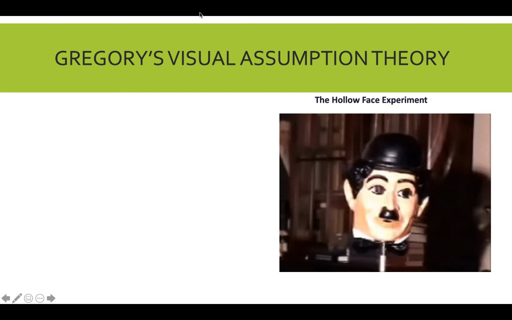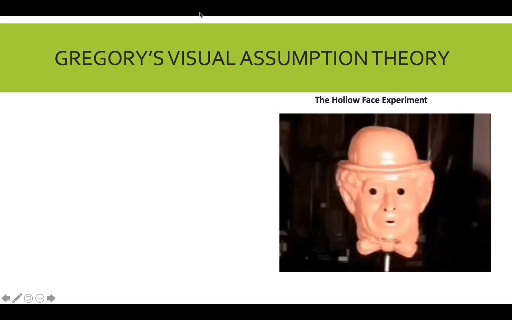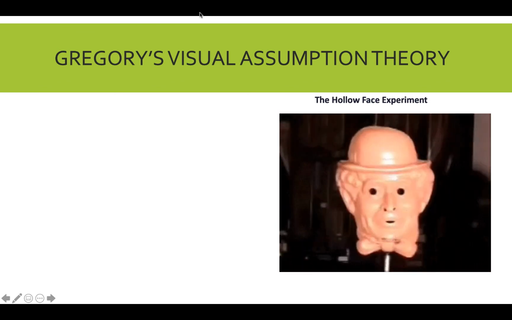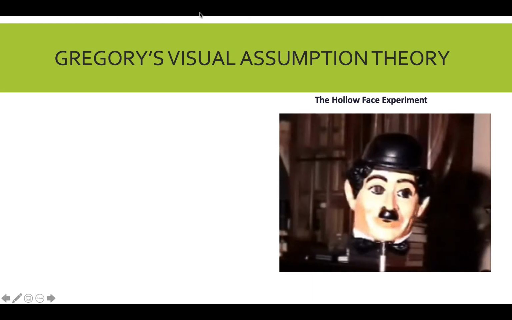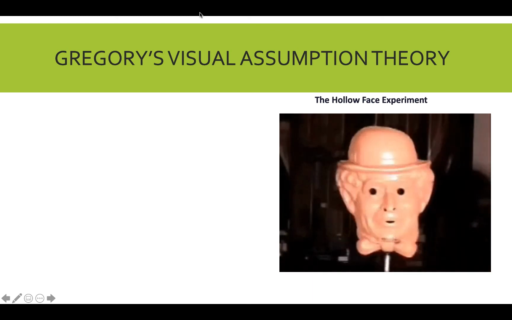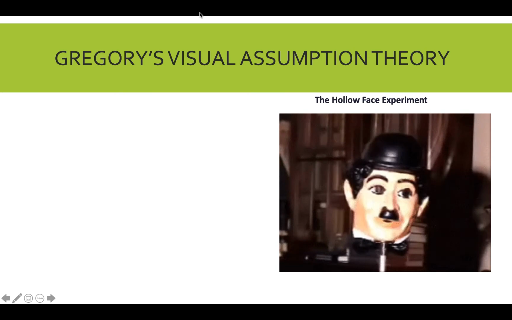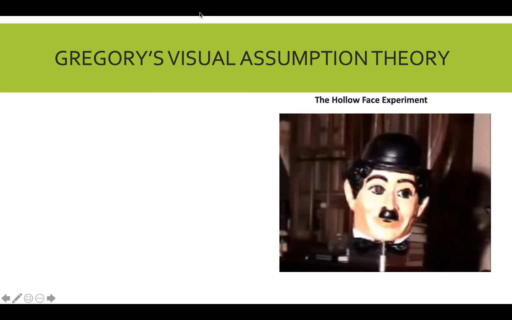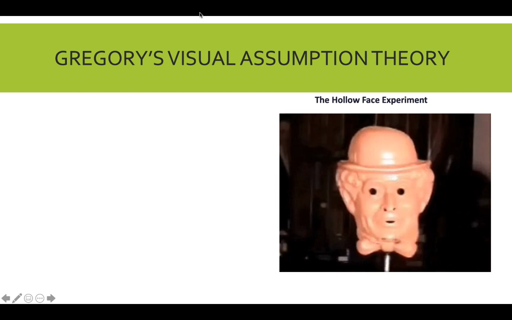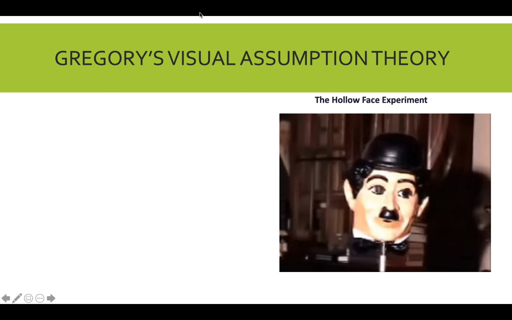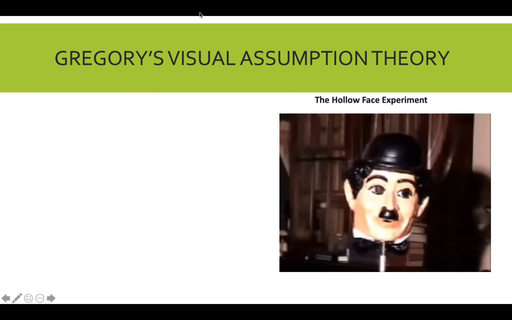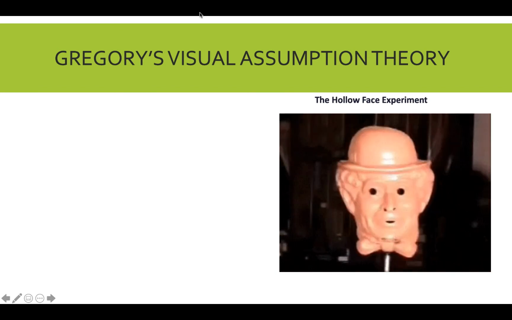This is Gregory's visual assumption theory, which is based on perception. And take a look at the mask here. So the mask is a regular mask where it protrudes on one side when you see the Charlie Chaplin face, and then it's hollow on the inside. But as we visualize this through our own 2D retinas, it looks like the face is popping out at us when it is actually inverted.